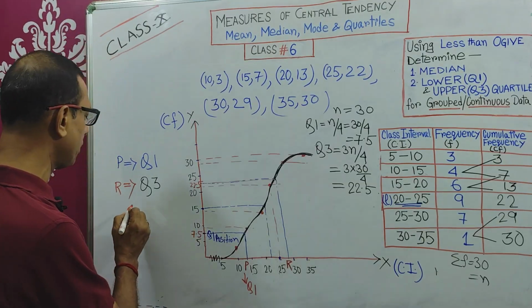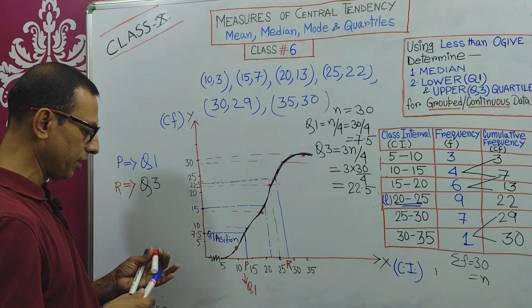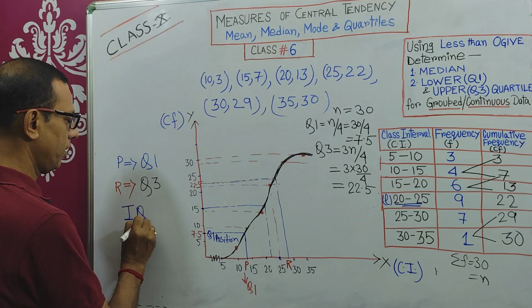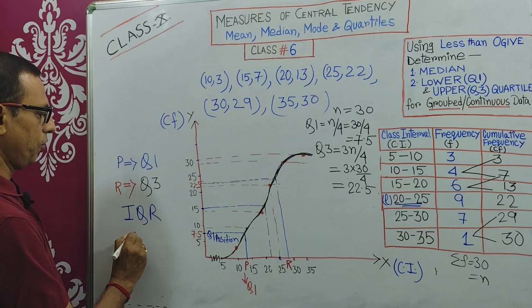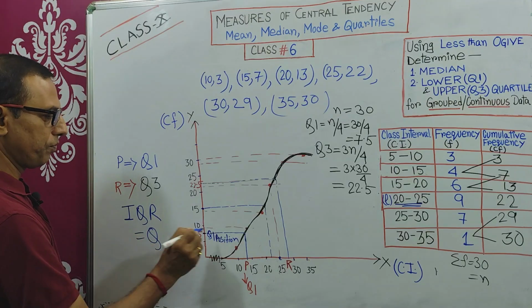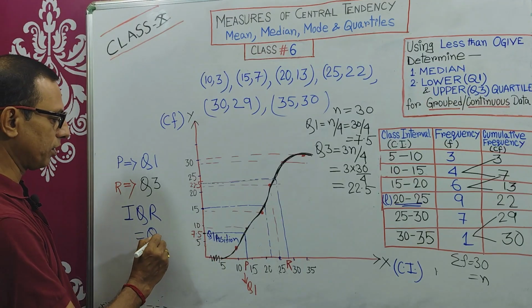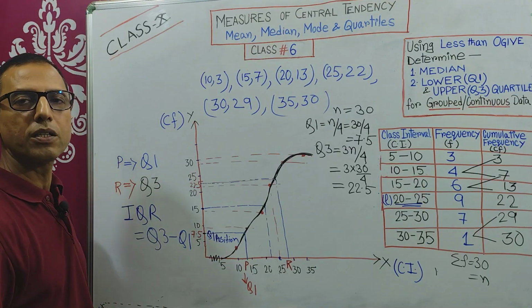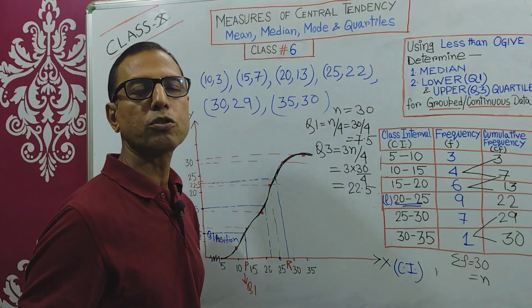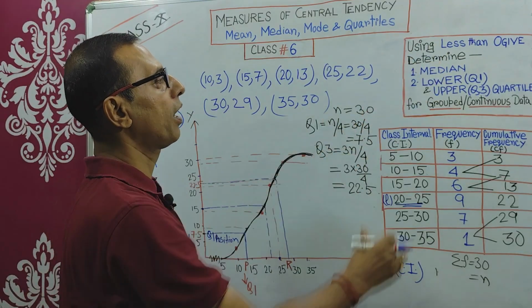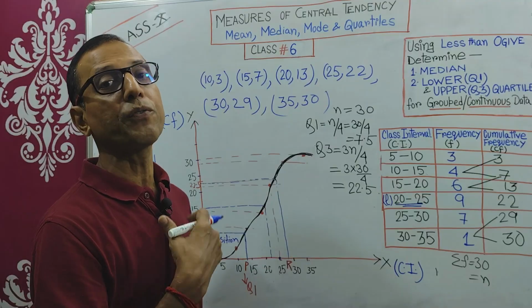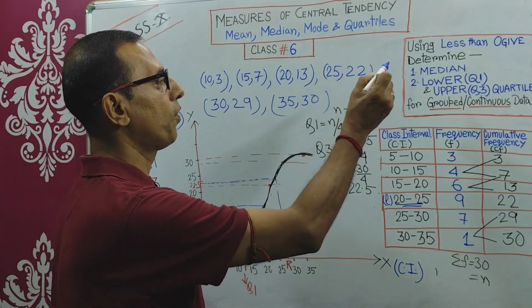That you can find out easily, because IQR is Q3 minus Q1. If you know Q1 and Q3 from the graph, then Q3 minus Q1 is your IQR.